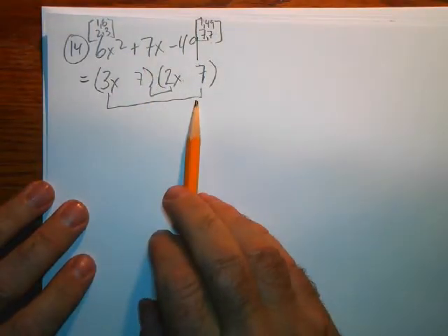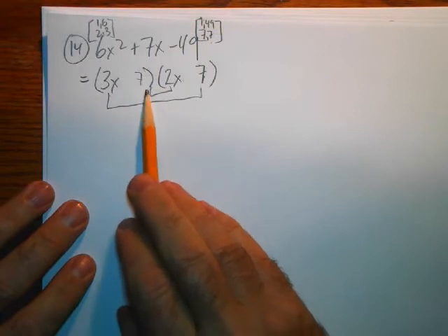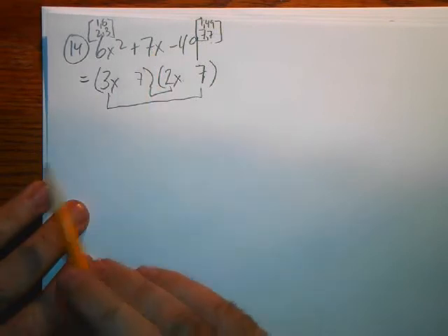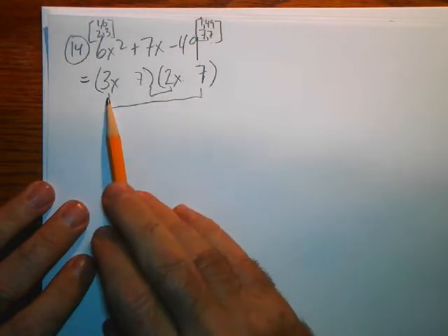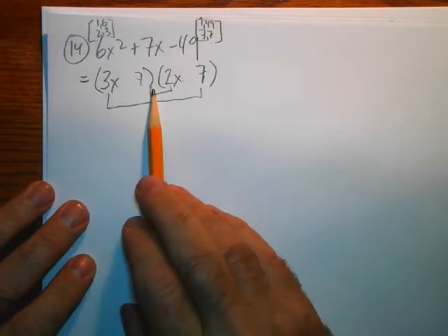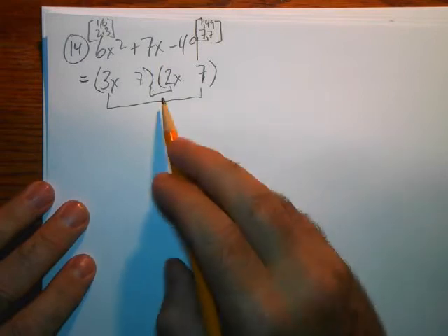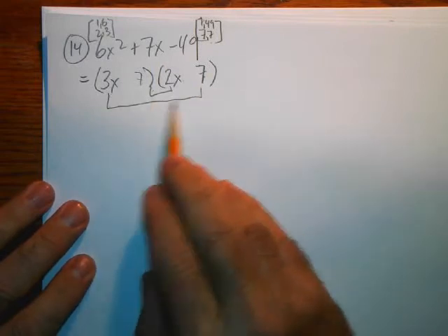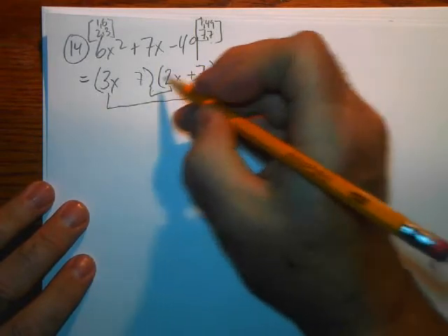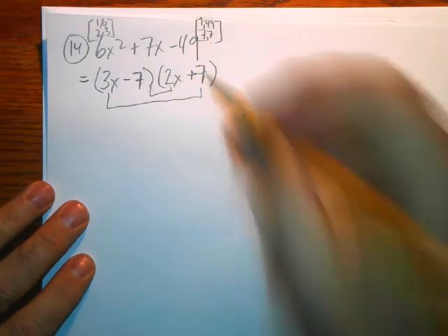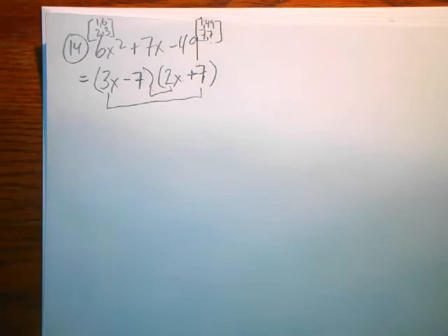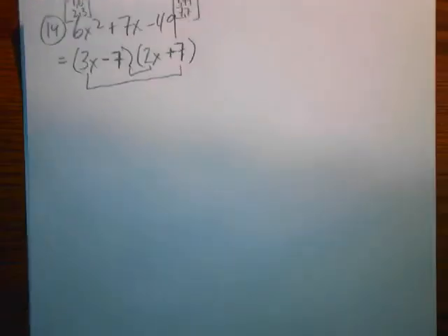Yes, I can. If I had positive 21 and negative 14, that's going to be positive 7. So I need a positive here, and I need a negative here. And that is our final answer. So hopefully you're seeing that method and the real benefit of doing it that method in terms of speed.